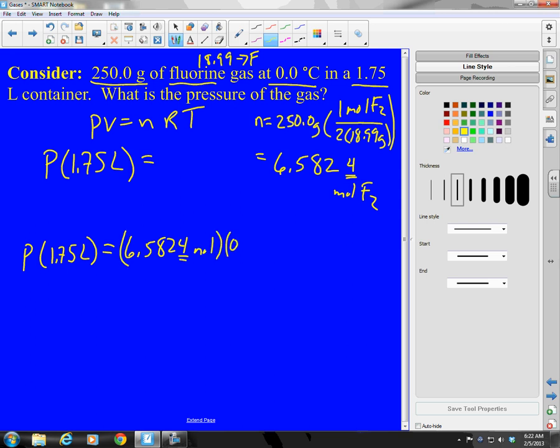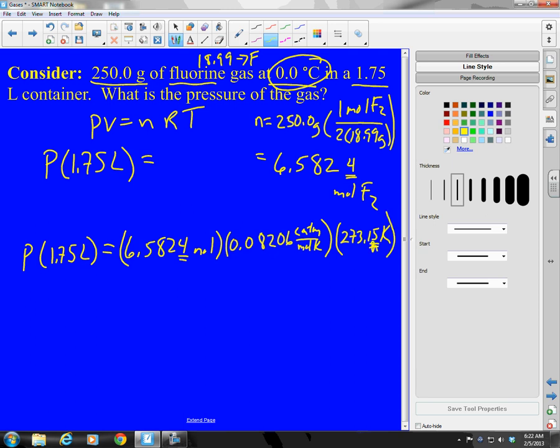R is 0.08206 liter atmospheres per mole Kelvin. And T, what's my T? T is 0, but this needs to be Kelvin, so 0 plus 273 is 273.15 Kelvin. Oh, well, excuse me, the 5's not significant.